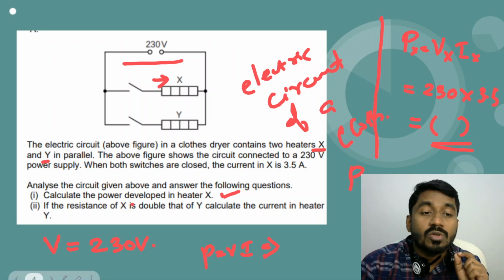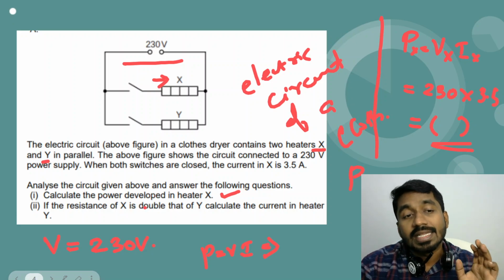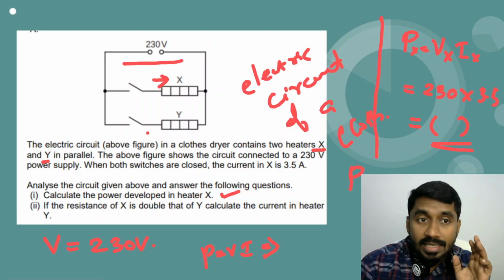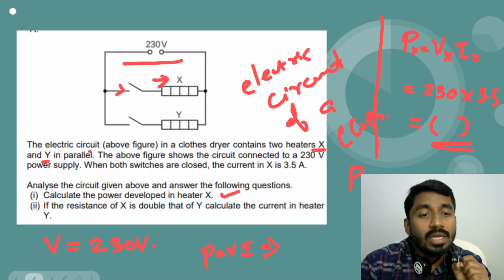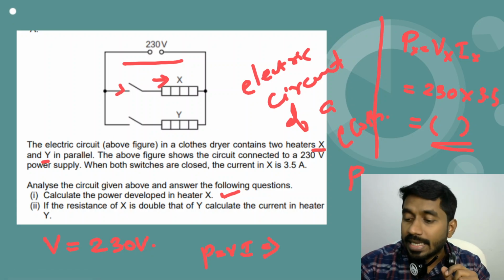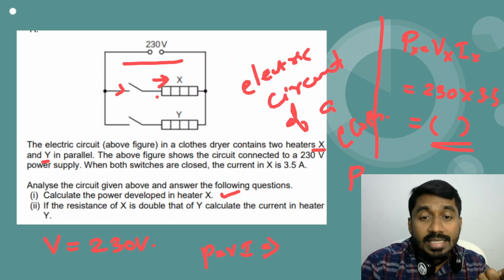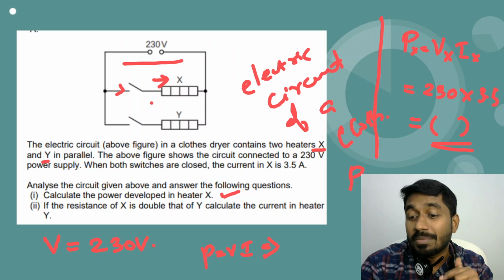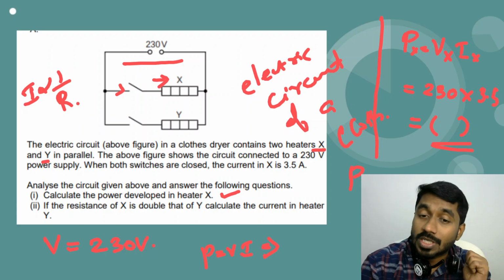If the resistance of X is double that of Y, calculate the current in the heater Y. Here 3.5 is passing through X. When the resistance of X is doubled, the current passing through X will become half. Why? The current is inversely proportional to the resistance.